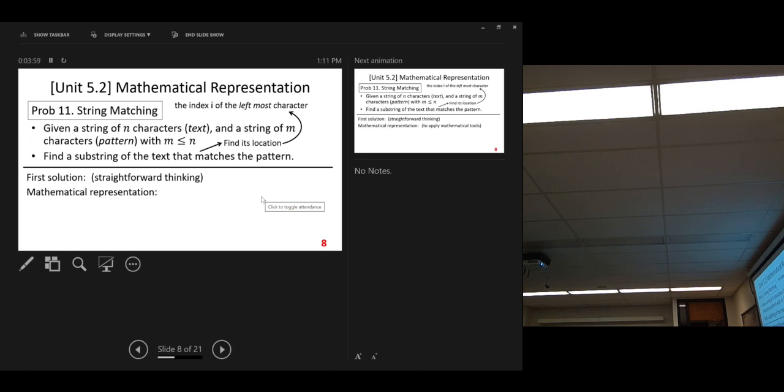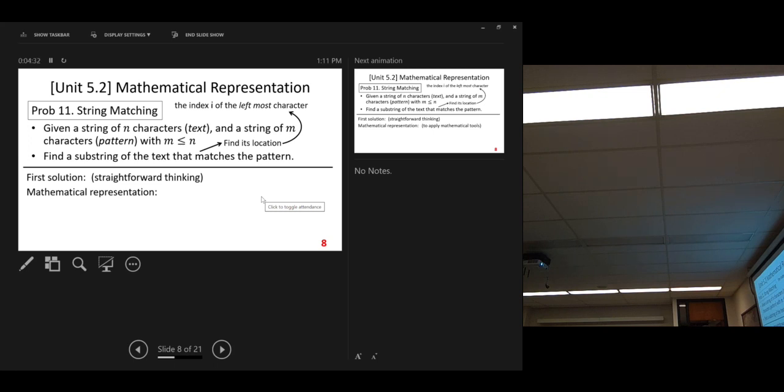But we need to have its mathematical representation first. Here, the problem is given in words, there is no math formula there. If there is no math formula, how do you solve it? So that's why the mathematical representation is important. You want to represent it in math formulas, symbols, notations, abstractions.